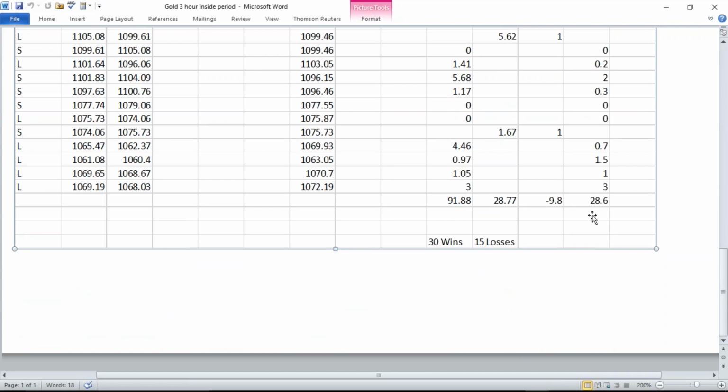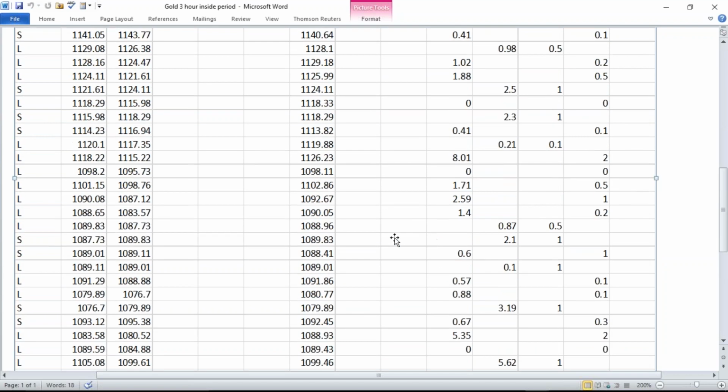Down the bottom, it produced a 28R profit with a 9.8 loss against that, so essentially about a 19R profit overall. There were 30 wins and 15 losses. Do you think I feel comfortable about this trading method?